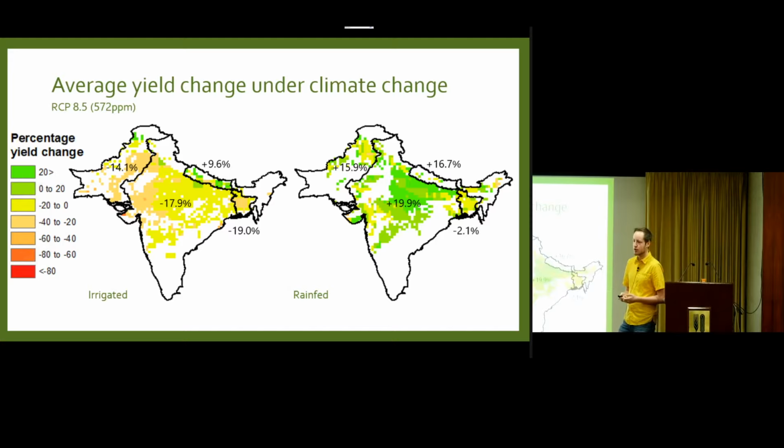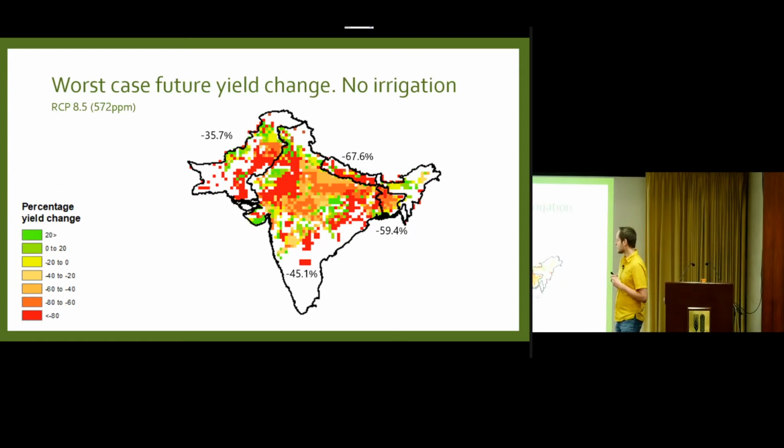What if so much water is being extracted, and management is so bad, that irrigation is not possible? What will the production look like in the future? So we made this map, and this is a comparison of the baseline of rain-fed and irrigated production together, and then the change compared to rain-fed production in the future.